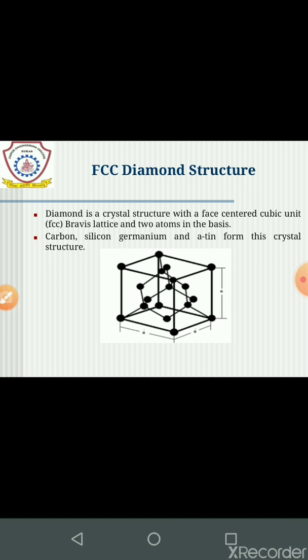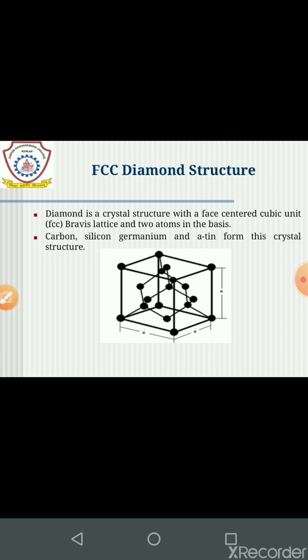FCC diamond structure. Diamond is also a crystal structure that is in the form of face centered cubic units, as shown in the figure. Diamond is a crystal structure with a face centered cubic Bravais lattice and 2 atoms in the basis, as shown in the figure.